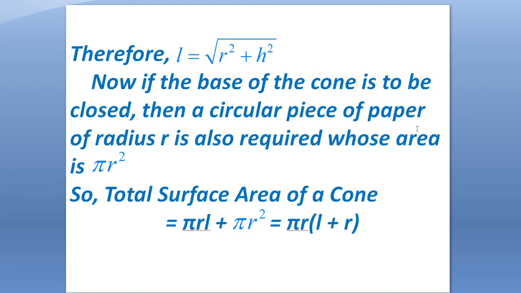So the total surface area of a cone is pi r L plus the circular area of the base, pi r square. So pi r is common, out into bracket L plus r.